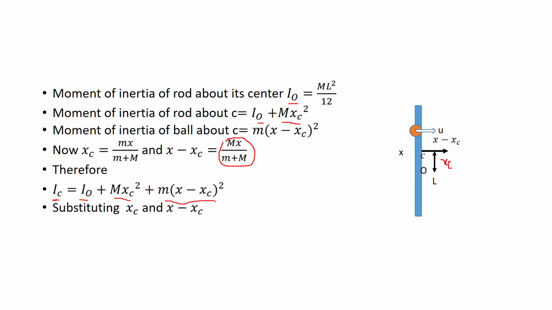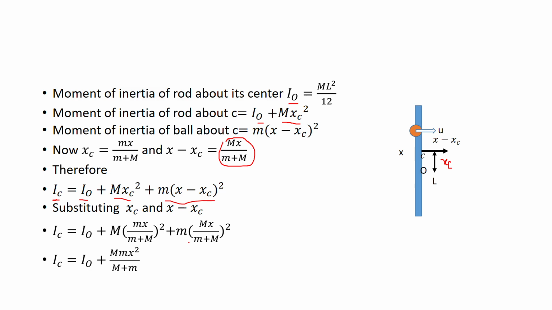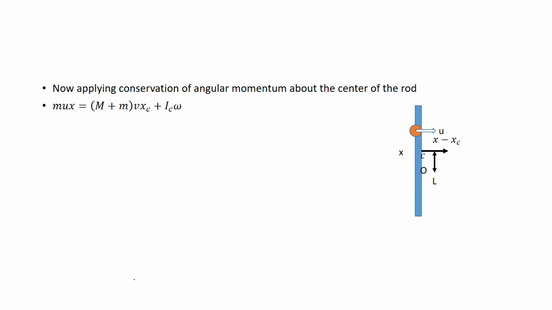Substituting the values of xc and x minus xc, and after simplifying, we get Ic equals I naught plus capital M into small m into x square divided by (M plus m). Now we have calculated the moment of inertia of the system about point C.